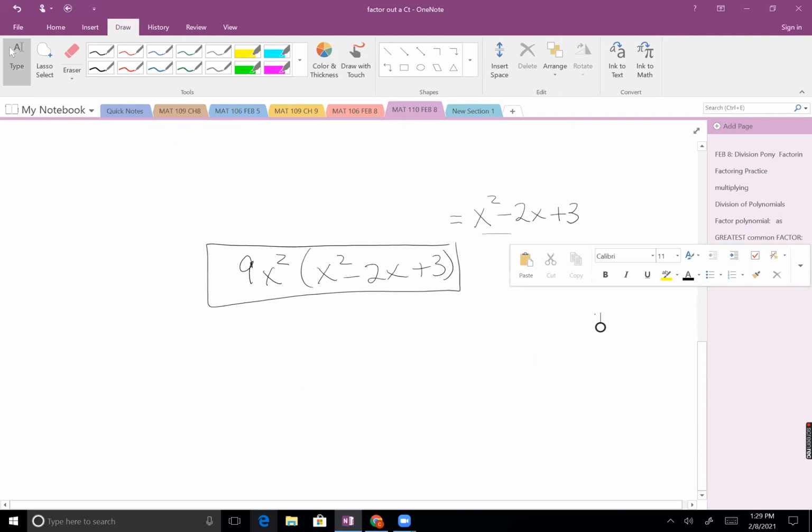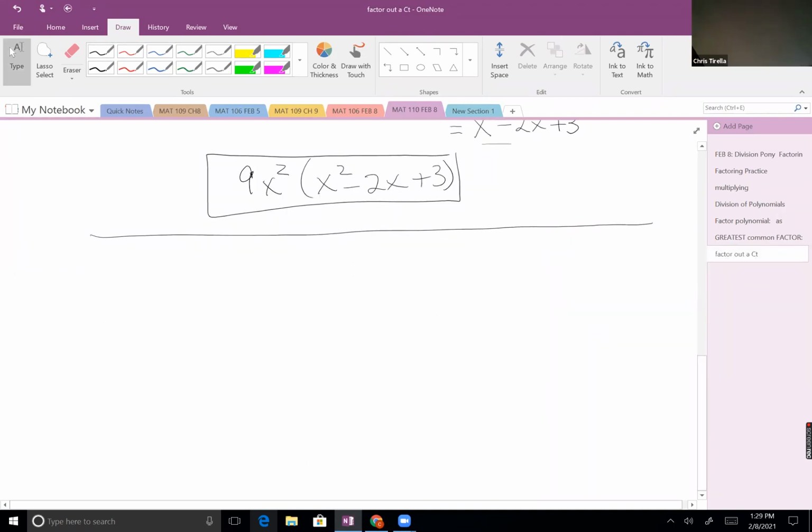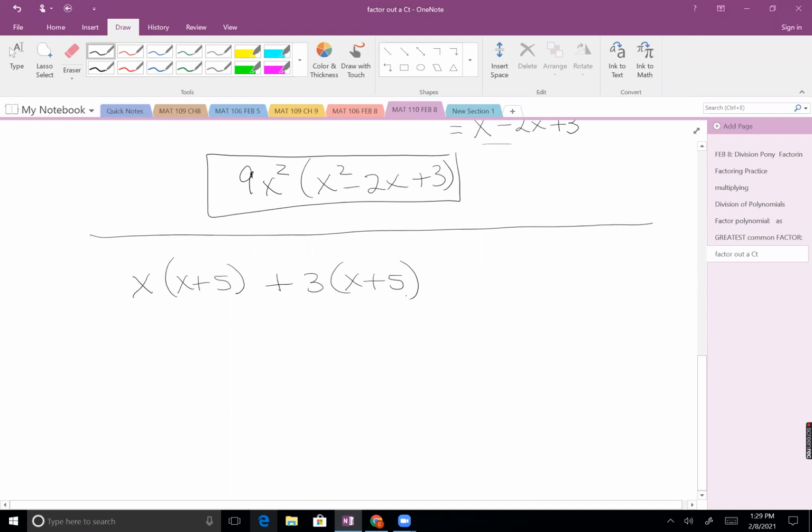So the next example is a little bit different. And because this one's different, I guess we'll start by going over it together. What if I have x times x plus 5 plus 3 times x plus 5? Does everybody see this one?